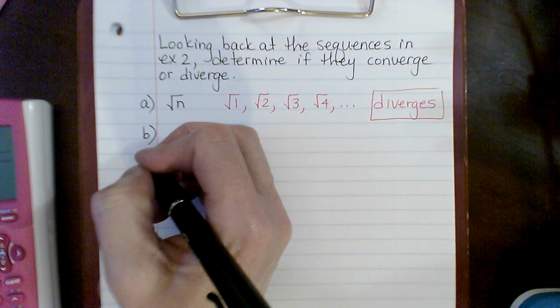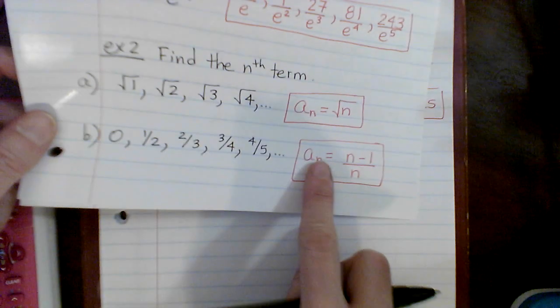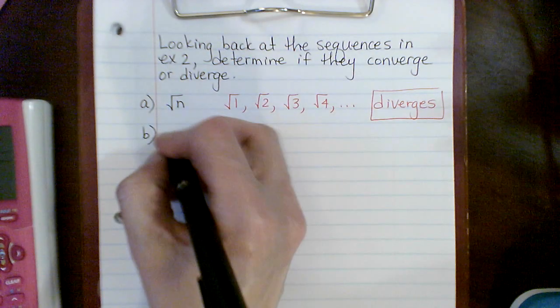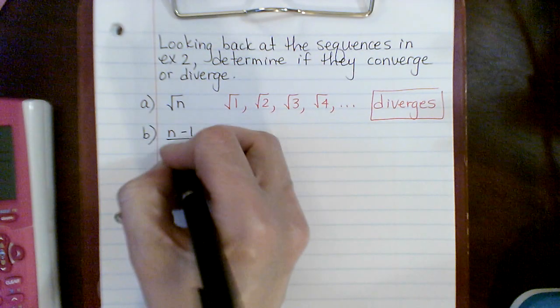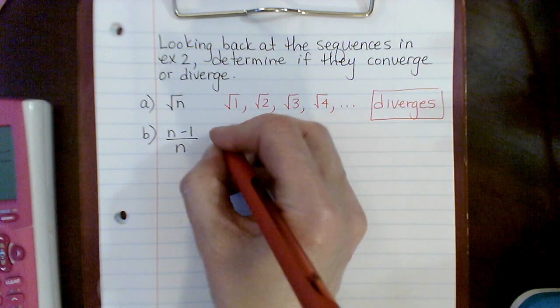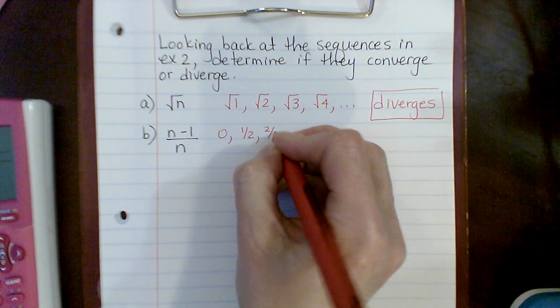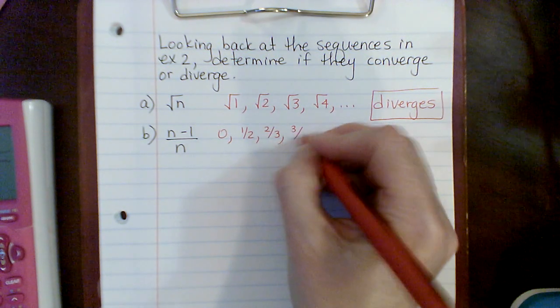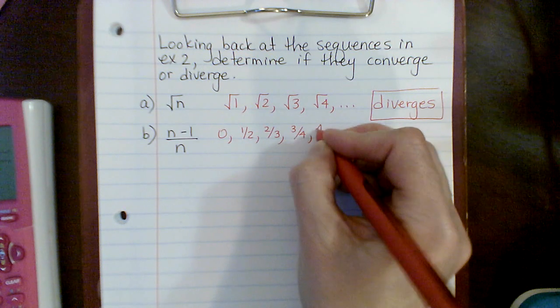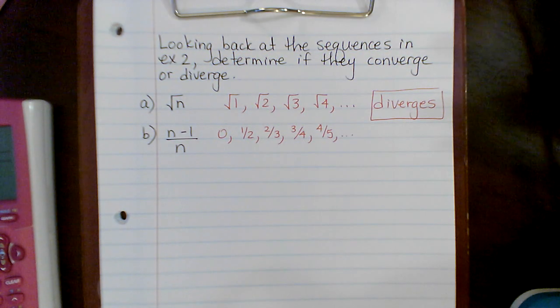Let's see, B was this sequence, the n minus 1 over n. So the terms of that one were 0, 1/2, 2/3, 3/4, 4/5, and so on. That one might be a little easier if you put it in the calculator and look at the decimals.